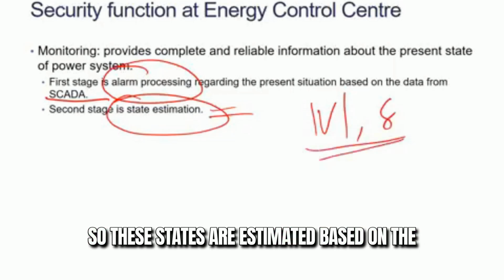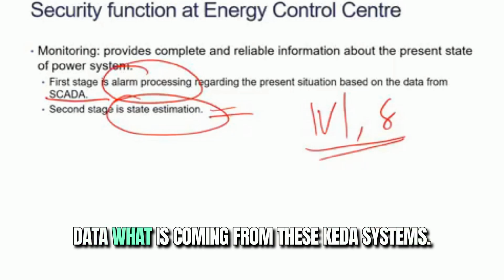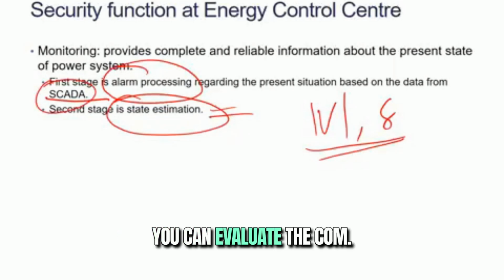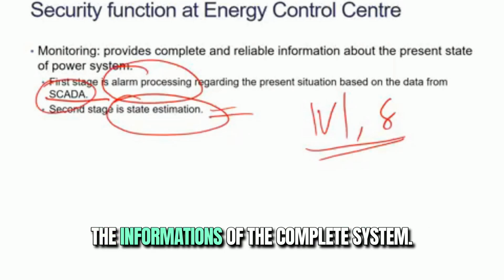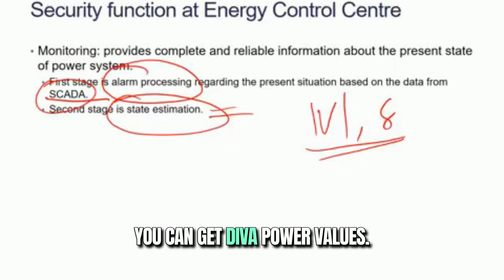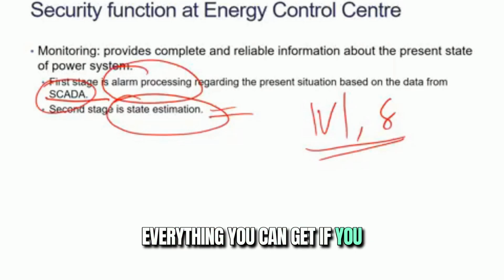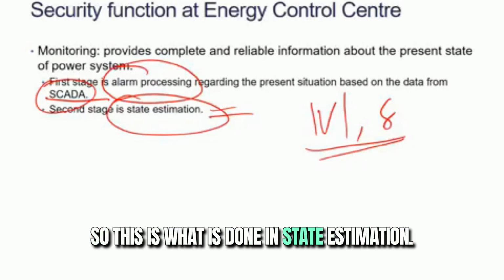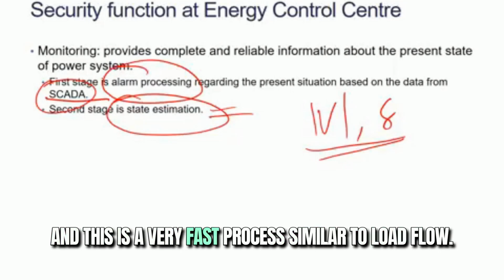These states are estimated based on the data coming from the SCADA systems, and once you estimate these states, you can evaluate the information of the complete system. You can get the current values, you can get the power values, everything you can get if you know the voltage magnitudes and angles.